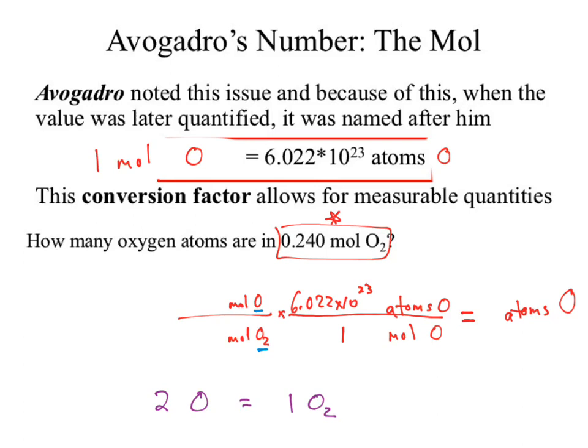Is the measurement unit changing? No. So, as long as we're in a counting unit, guess what we can do? We can drop those numbers straight into our setup. How many moles of oxygen? 2. Why do I say 2? There are 2 oxygens in how many oxygen molecules? 1.